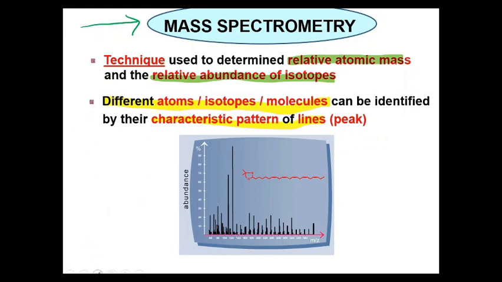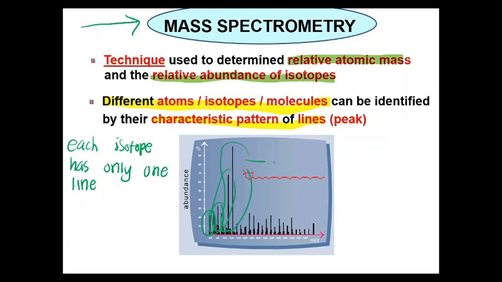Each isotope has only one line. Look at here, this line is specific for each isotope.